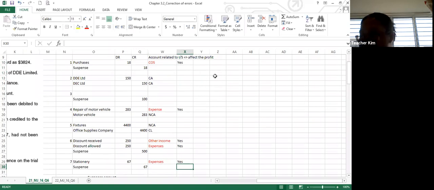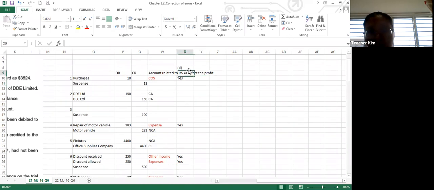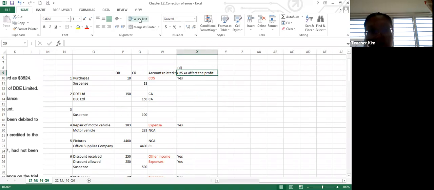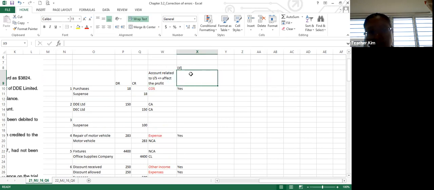If the question asks whether the profit is affected before or after the adjustment, we have to be careful with the statement. This one, they just say whether it affects or does not affect. So this one affects the profit.